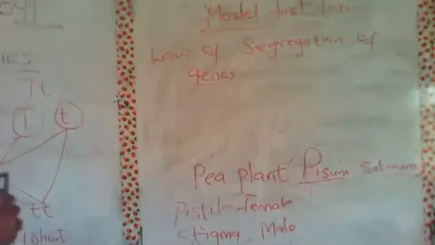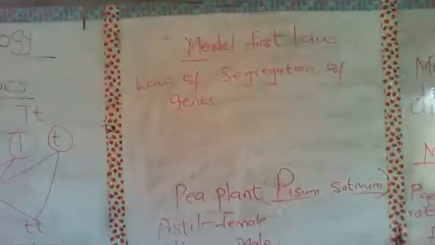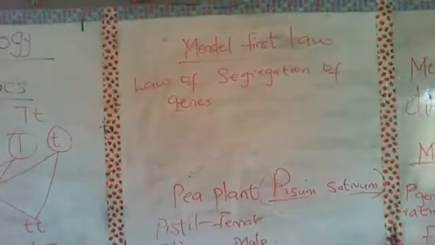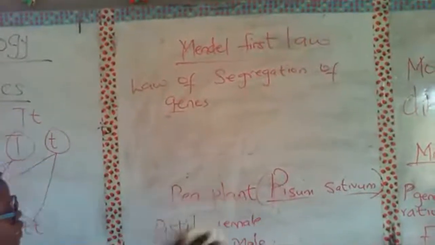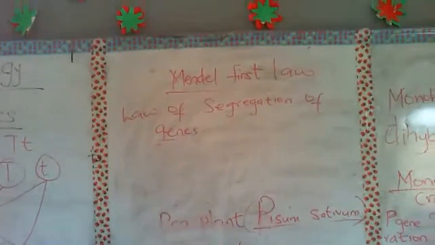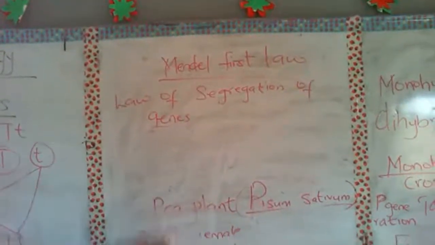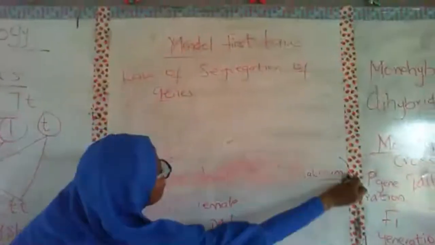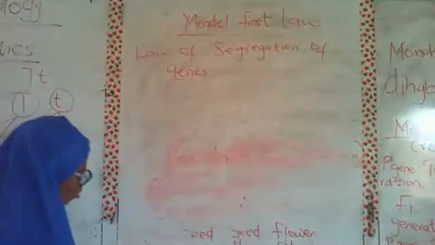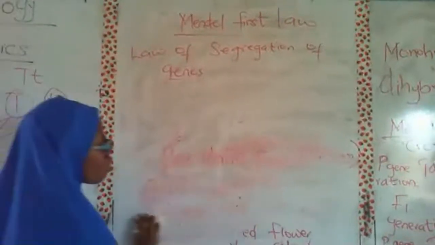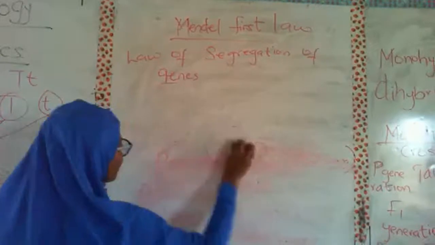Now, we are going to talk about the second law of genetics before we round up the class. Before we move to the second law, we need to talk about what led to it.